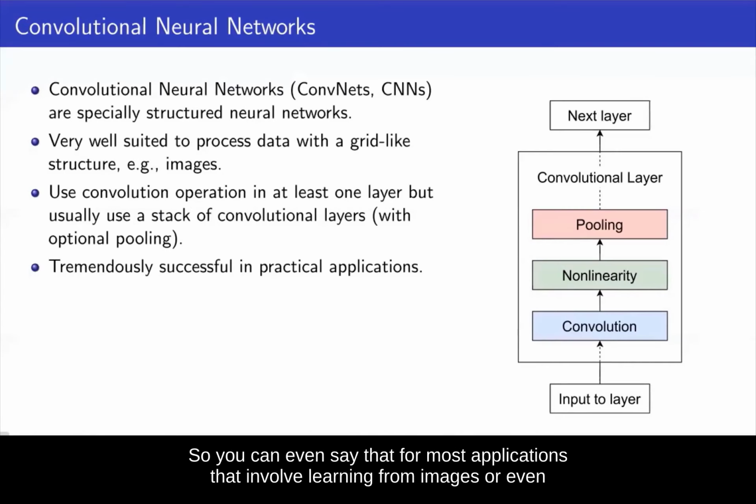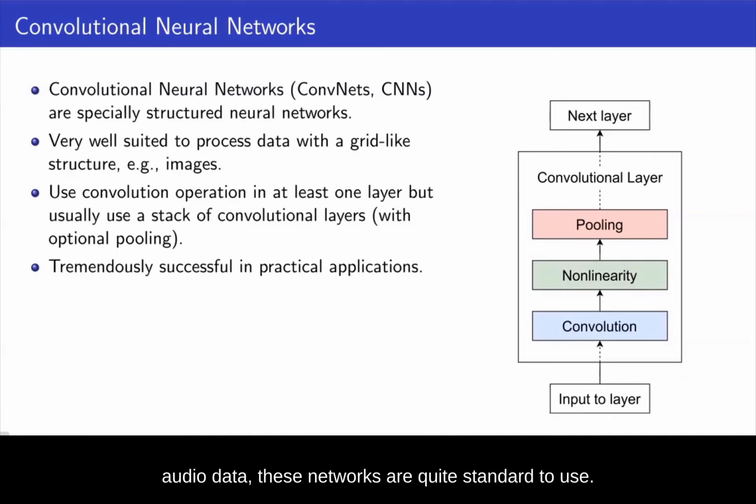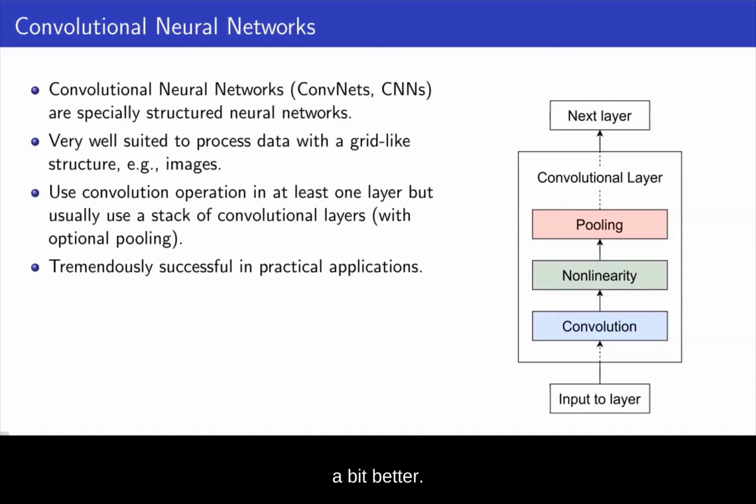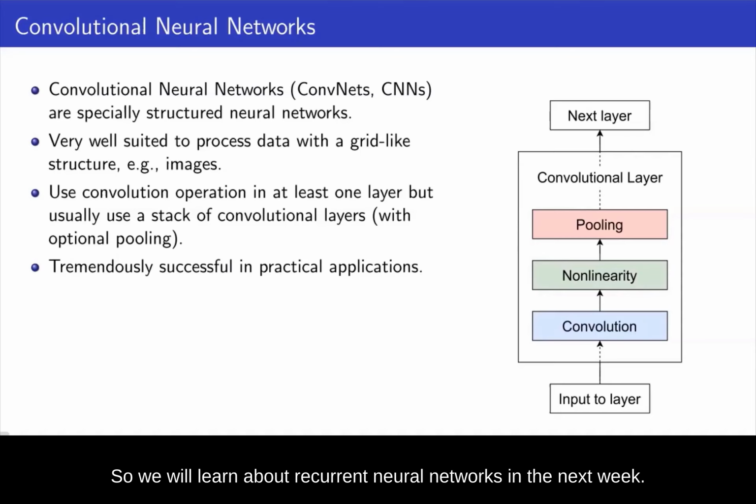You can even say that for most applications that involve learning from images or even audio data, these networks are quite standard to use. Although I should say that in some applications, RNNs or recurrent neural networks perform a bit better. So we will learn about recurrent neural networks in the next week.